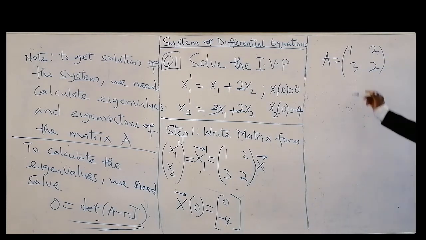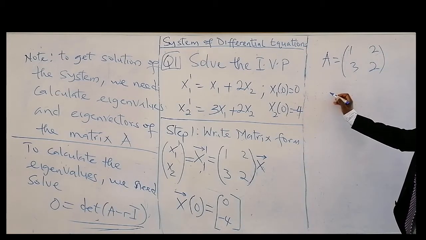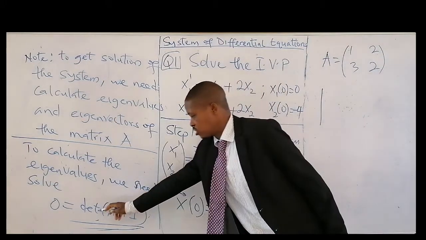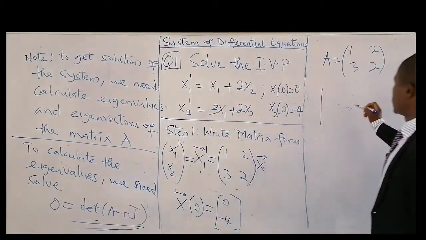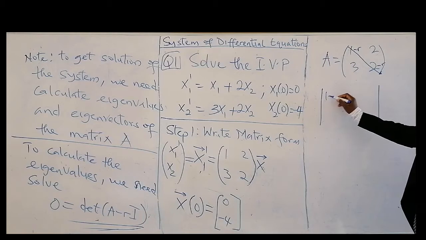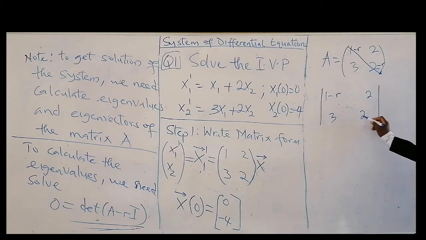It's very simple. We have det, the short form for determinant, of this matrix, where this is your main diagonal minus the eigenvalue. So I have 1 minus r here, and 2 minus r here.